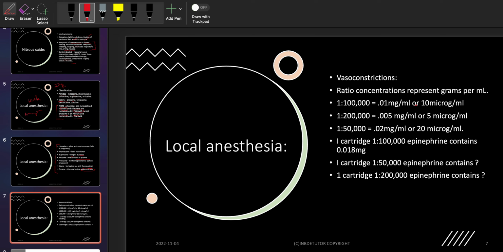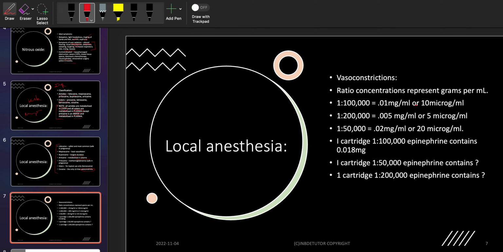Now, why do they add a vasoconstrictor in a cartridge? The vasoconstrictor increases the depth of the anesthesia. It also increases the duration, so we have more time to work on the patient, it decreases the peak blood level of the anesthetic, and it also causes hemostasis.